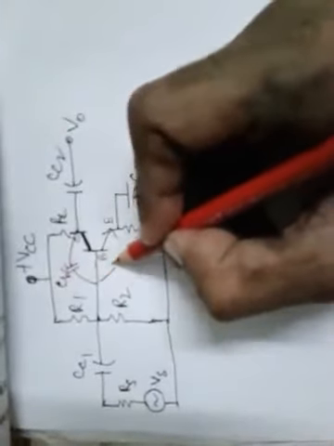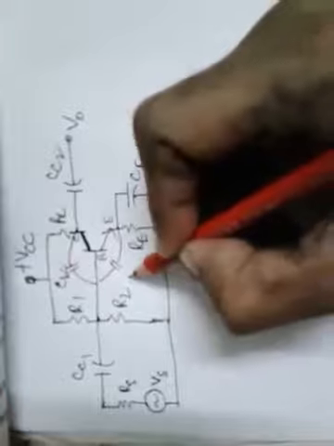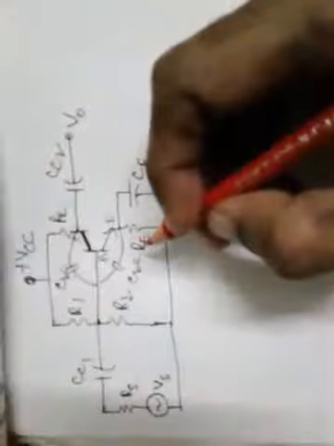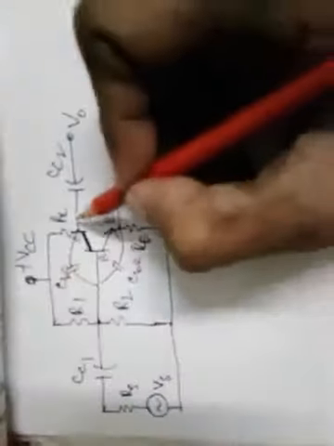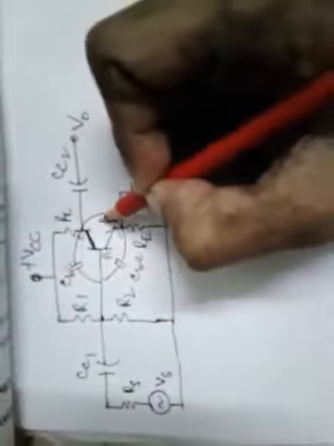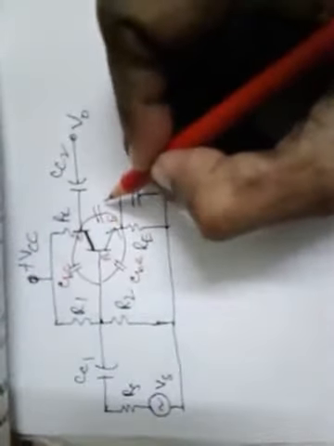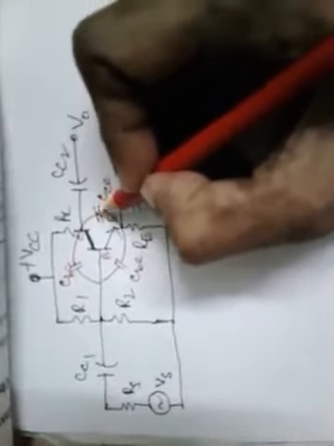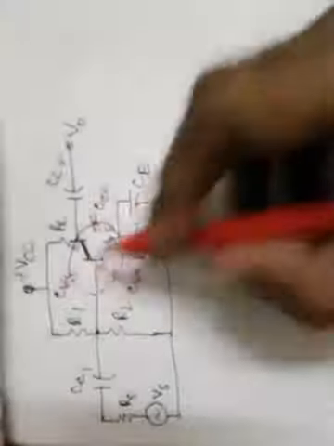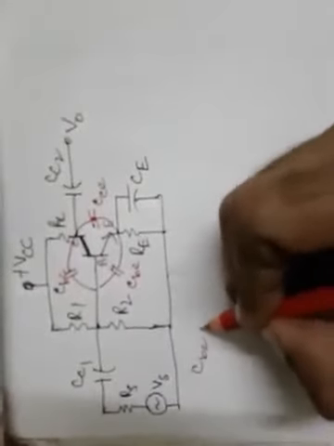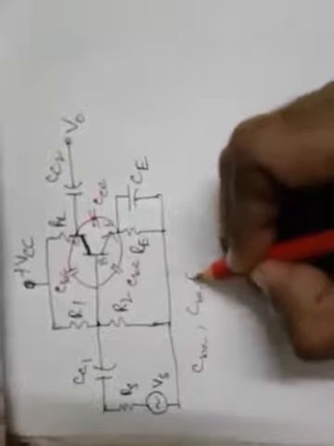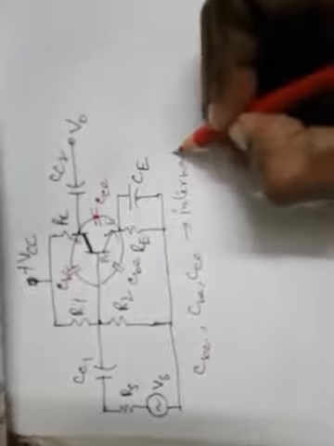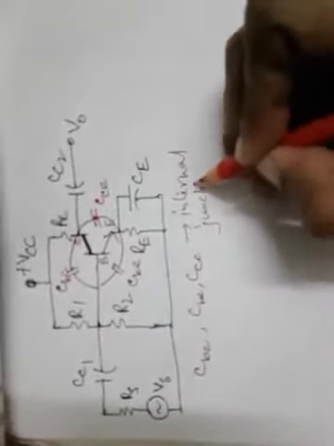Between base and emitter, another is connected, CBE. Then between collector and emitter, a capacitor is connected, which is CCE. So three capacitors are shown like this, and all these capacitances CBC, CBE and CCE are internal junction capacitances.